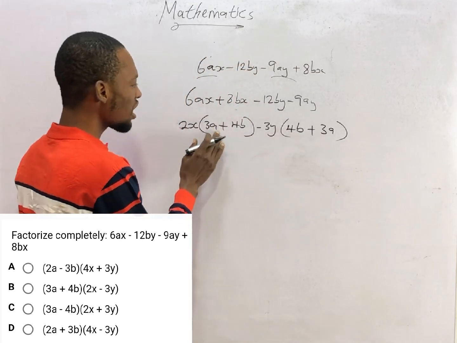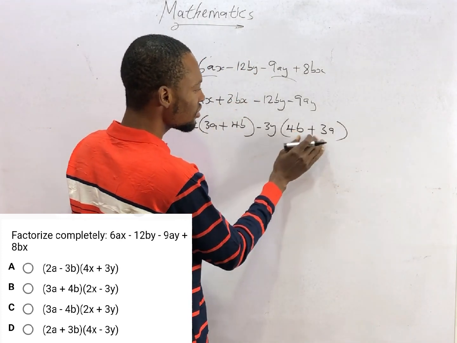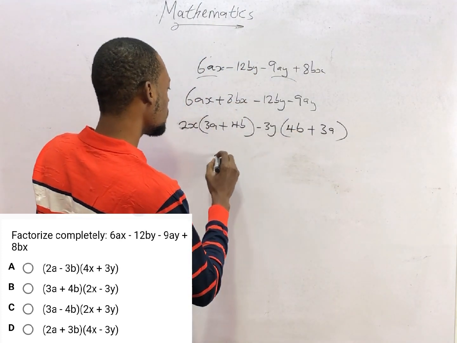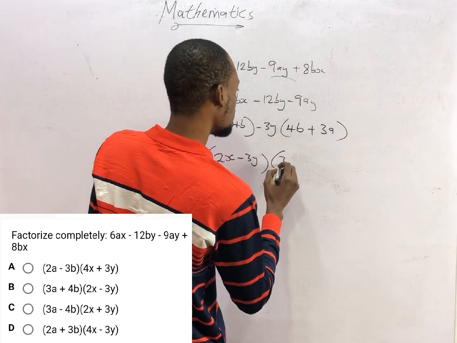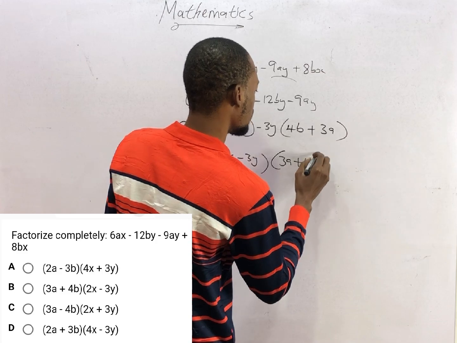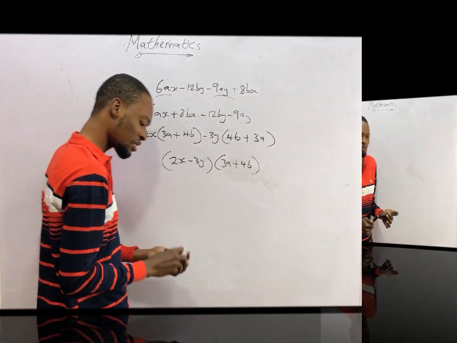So you see, we have 3a plus 4b here, 3a plus 4b here. This is simply 2s minus 3y, 3a plus 4b. This is the factorized expression.